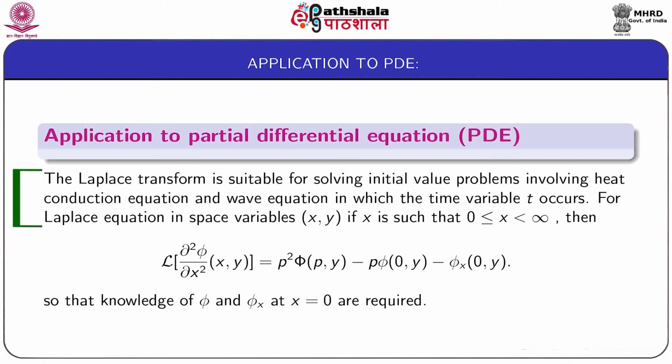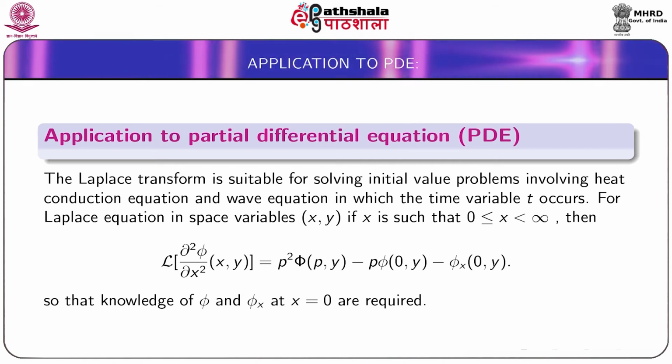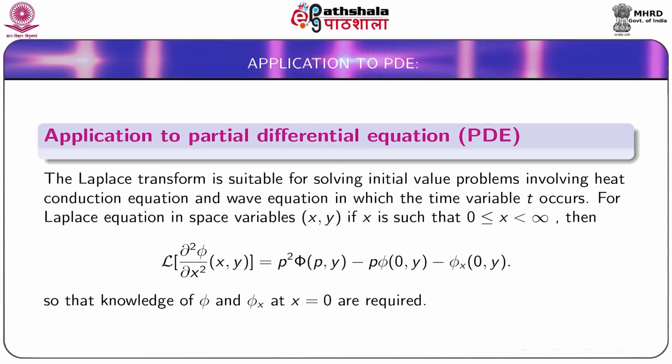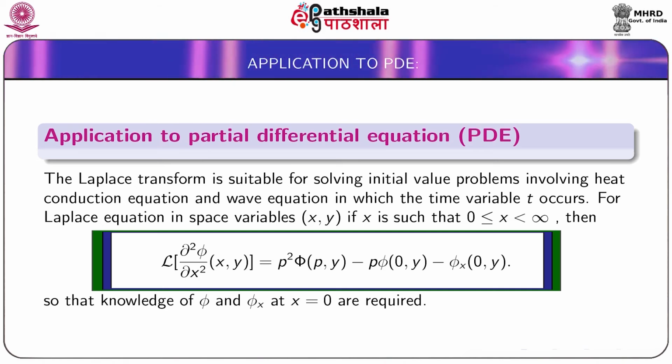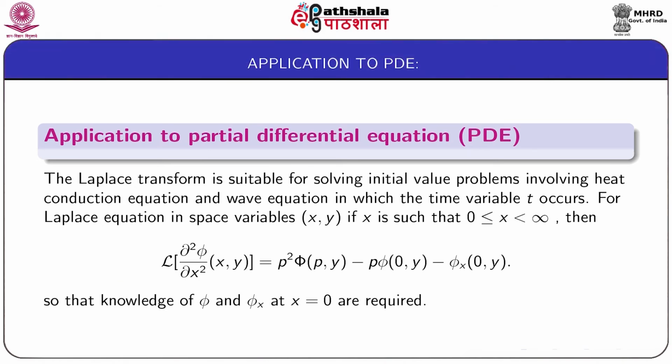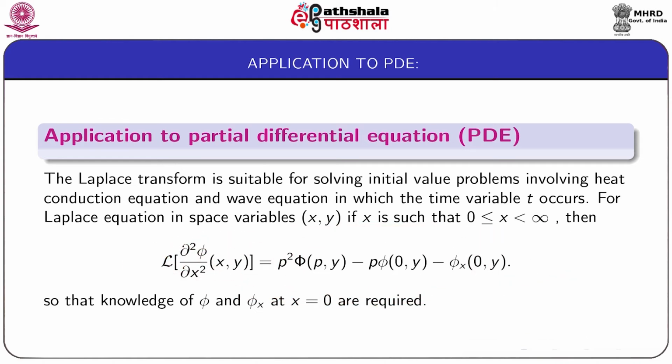On the other hand, for the Laplace equation in phi, that is del square phi by del x square plus del square phi by del y square, here phi is a function of the space variables x, y, and if x lies in the interval 0 to infinity, and if we take the Laplace transform in x for the Laplace equation, then the Laplace transform of the first term, that is del square phi by del x square, will give p square capital Phi(p, y) minus p small phi(0, y) minus small phi_x(0, y).